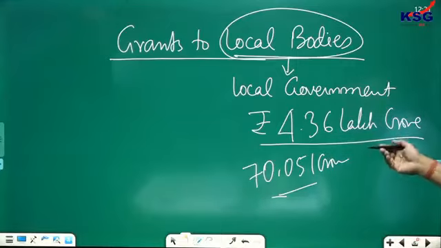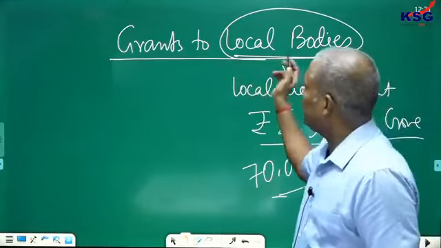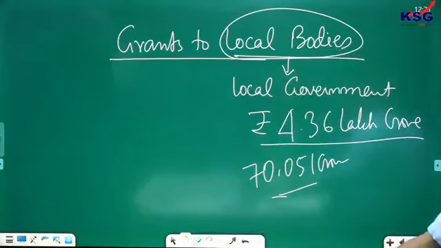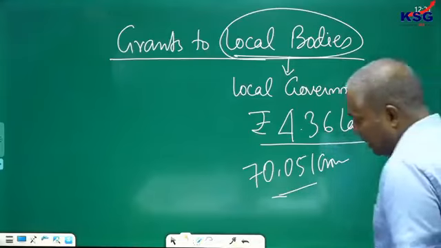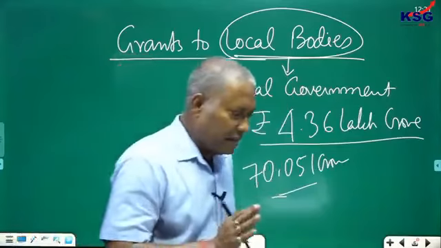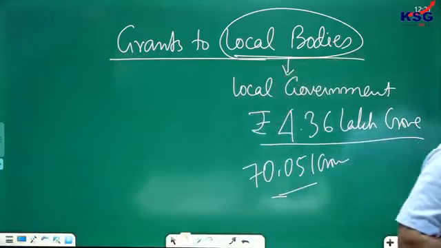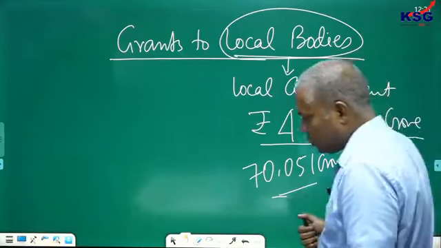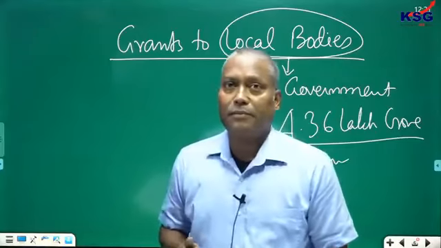Next point you can write. Make it the point first, and this the second point under the heading grants to local bodies. Second point you write: grants to local bodies other than health grants are distributed among states based on population and area.